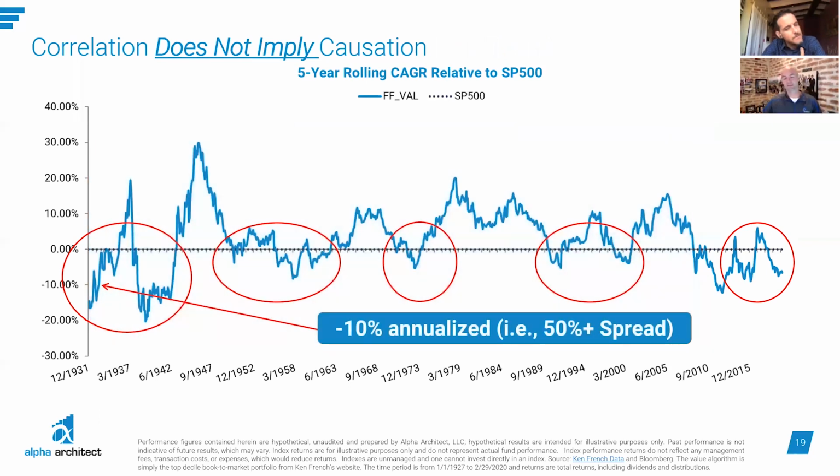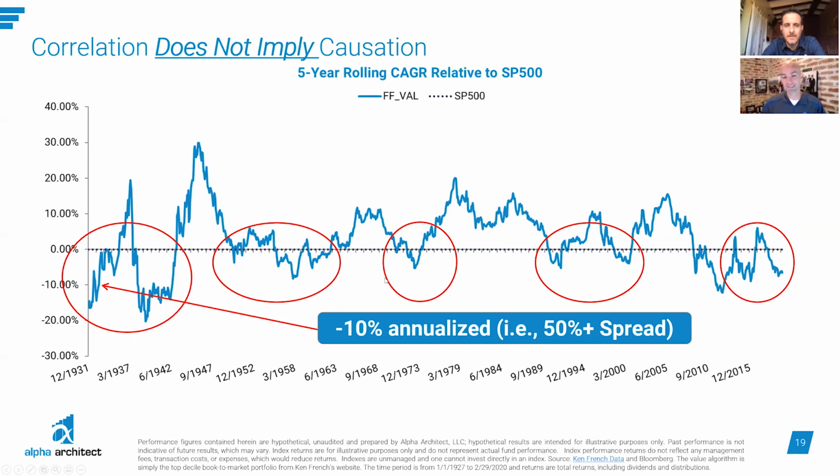But the problem is when we look at the long-term components of value versus the market, it underperforms over long periods of time all the time, unfortunately, right? So if we wanted to believe that this was a story about brains killing performance, we would then need to make a causal argument here, and we'd have to look at every single one of these red circles and try to understand, well, why did all of a sudden the brains destroy the performance, right?